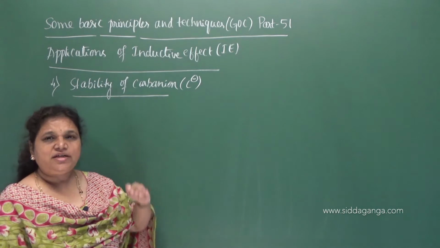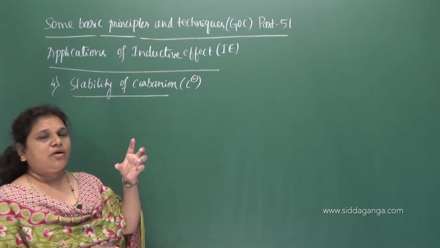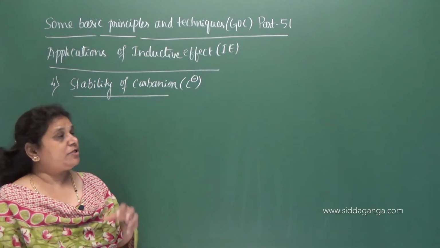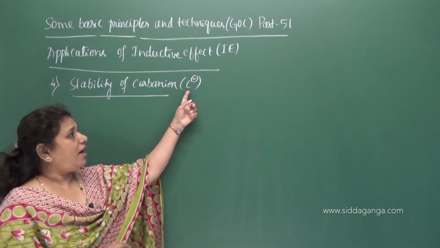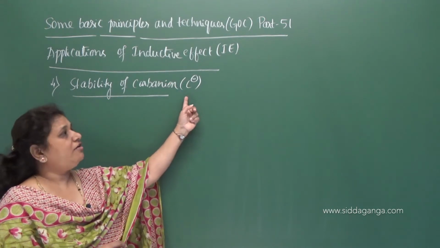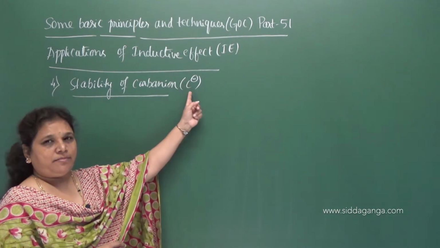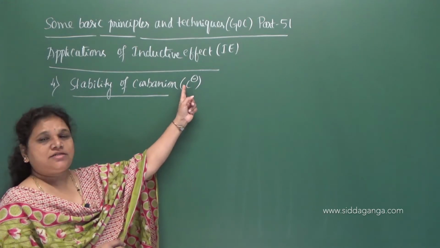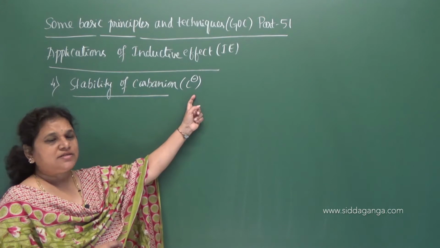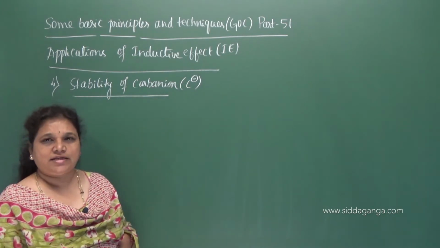To diminish the negative charge, electrons should be removed from the negatively charged carbon, which means any atom or group of atoms which is electron withdrawing, if it is attached to the negatively charged carbon, then the diminishing of the negative charge takes place and the stability increases.